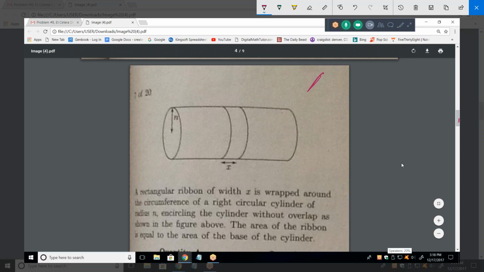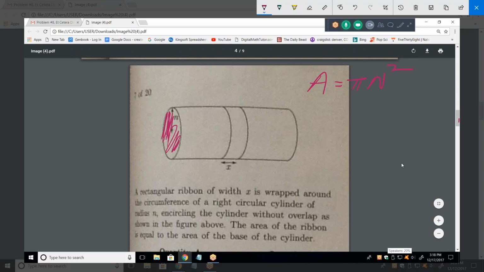So, what's the area of the base of the cylinder? Is that where the N is? Is that what they're saying the base is? Yeah, what's the area of that? Two-dimensional. It's a circle. So that would be pi n squared, right? Uh-huh.